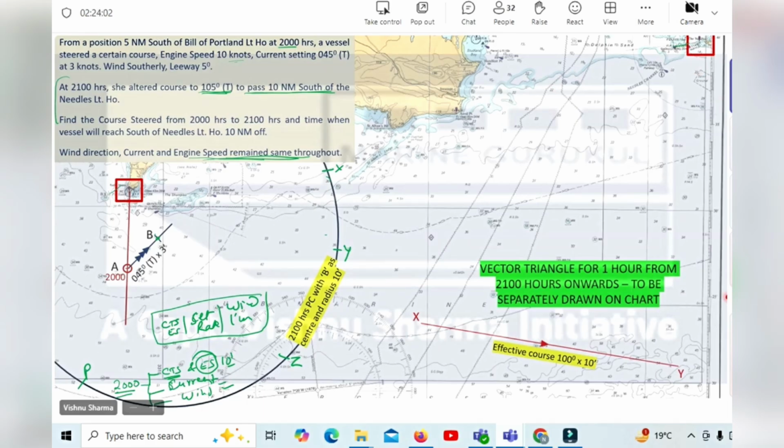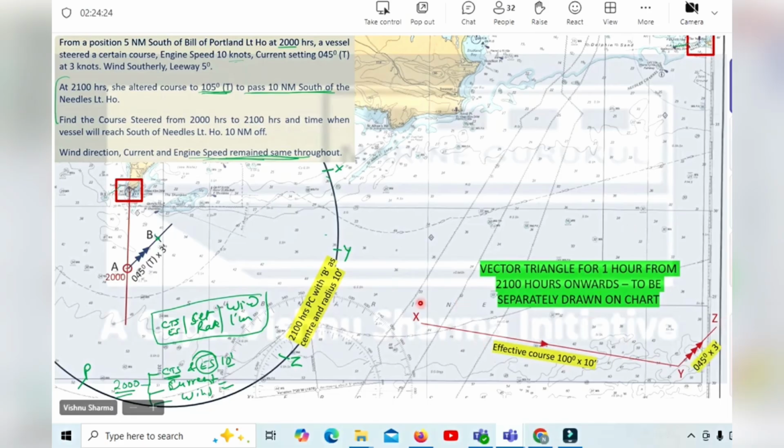Then where are we going to allow the current? At X or Y, guys? Current will be allowed at X or Y? Y. We draw 1 hour current here, 0.45 into whatever the drift for 1 hour, 3 miles. We get Z. What will be direction XZ, guys?